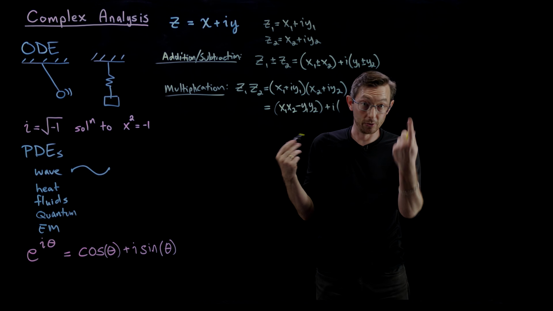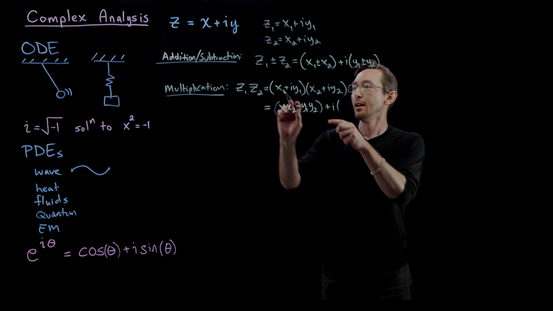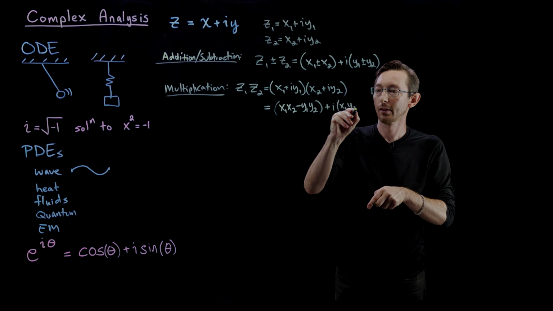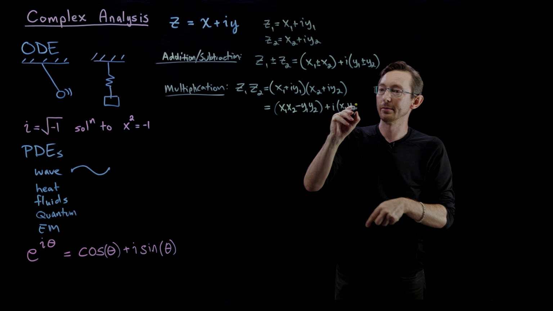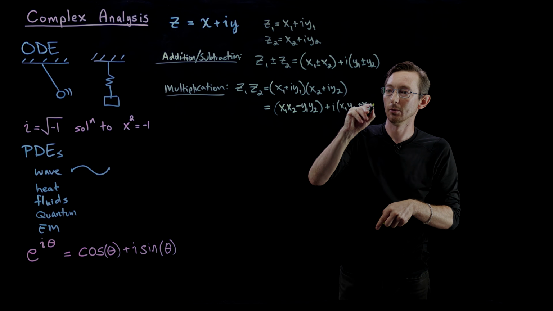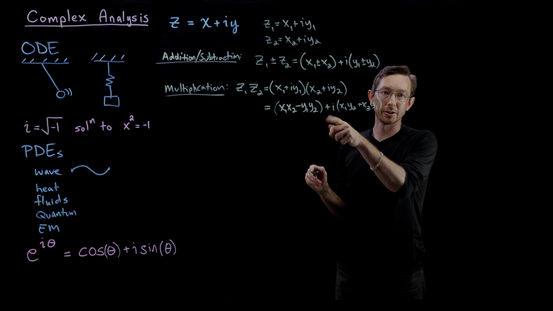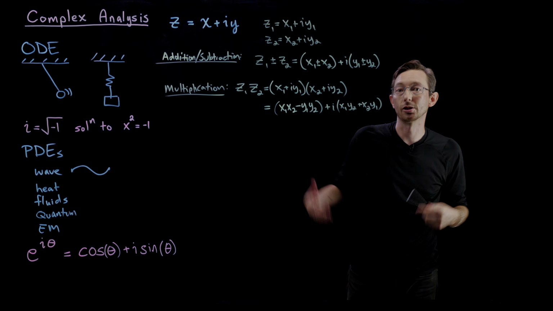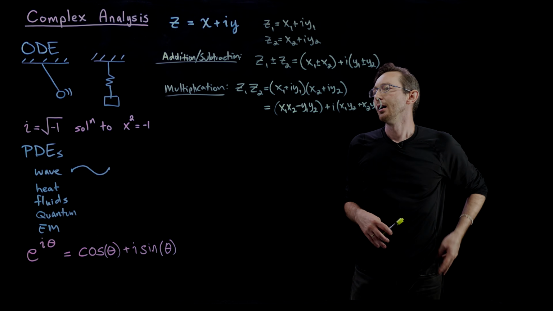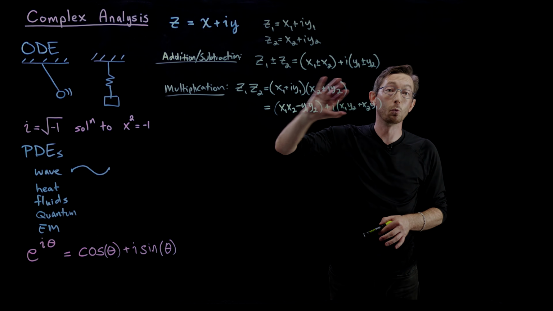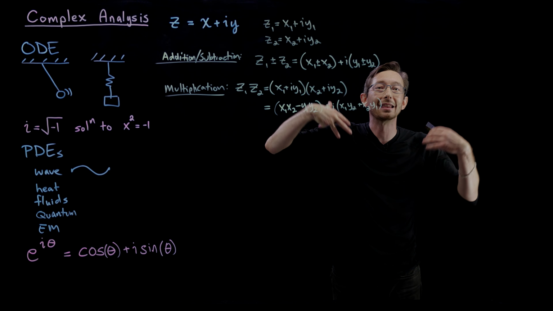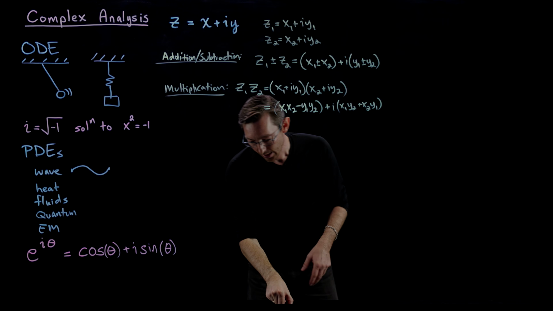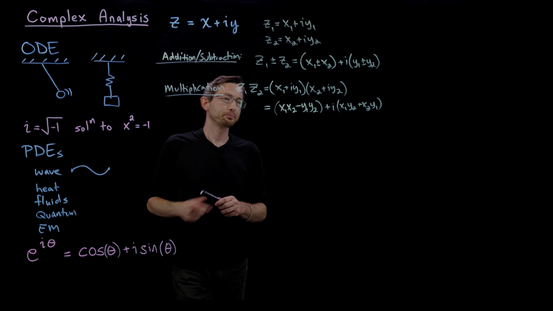Plus, there will be two terms that are imaginary, and that is x1 times iy2 plus y1 times x2, and those are both imaginary. So this is how you do multiplication with complex numbers. I'm going to show you that this is actually way easier to do using the polar coordinate representation of these numbers, but I'll get to that in a second.